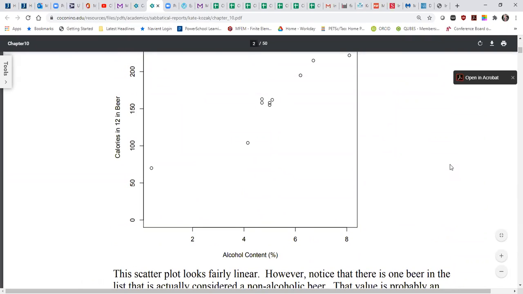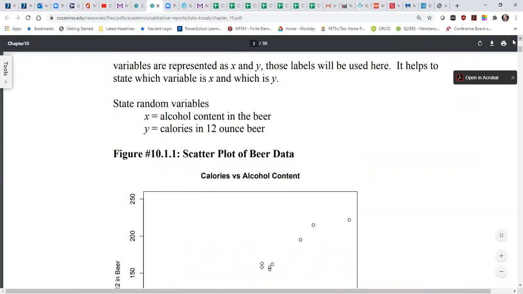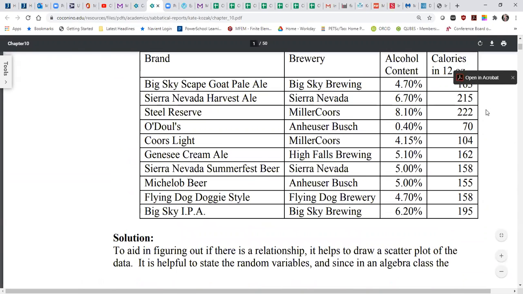And around 5 point something, you have 5.1, 5, and 5, so three points close to each other around 5.